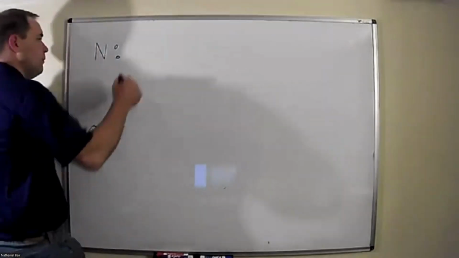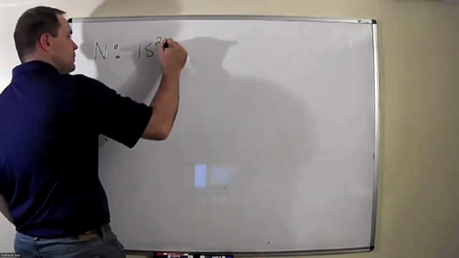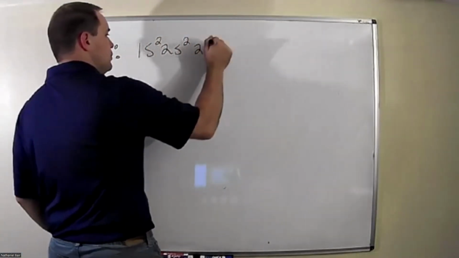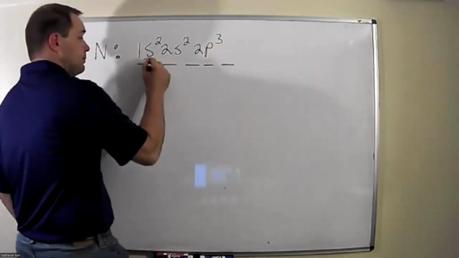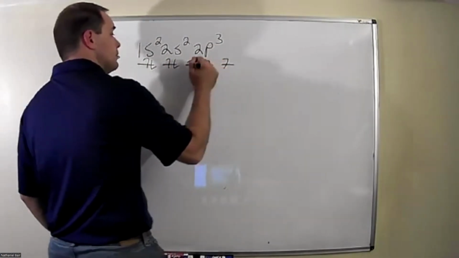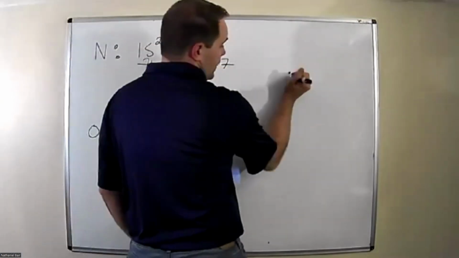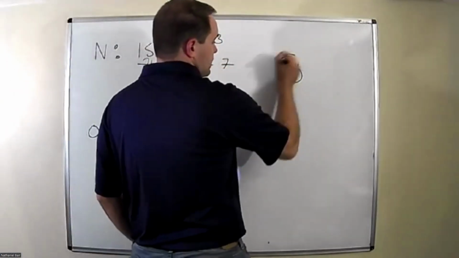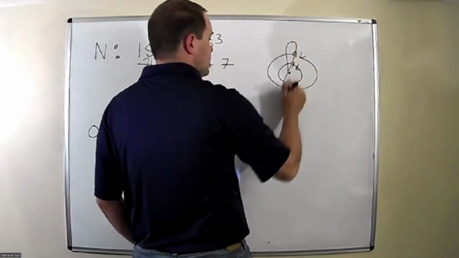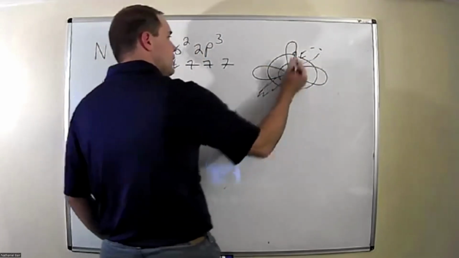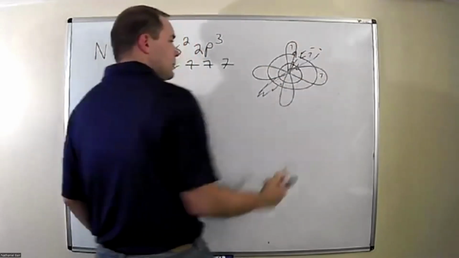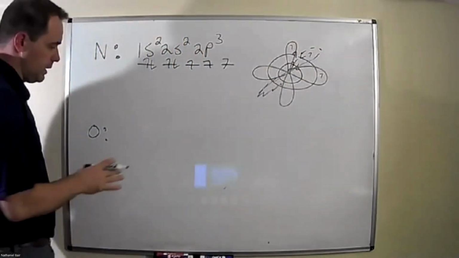Nitrogen is a 1s2, 2s2, 2p3. You can do this if it helps. If we're going to draw it, dot for the nucleus, you got your 1s, you got your 2s, you got your 2p3. Love it. Going to come back to that in a second.